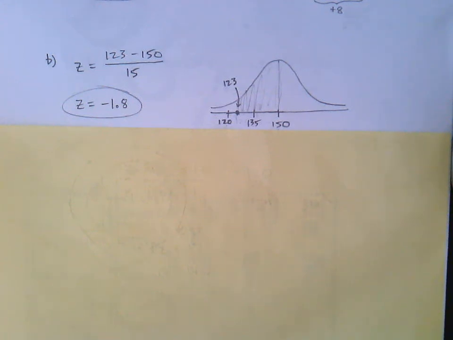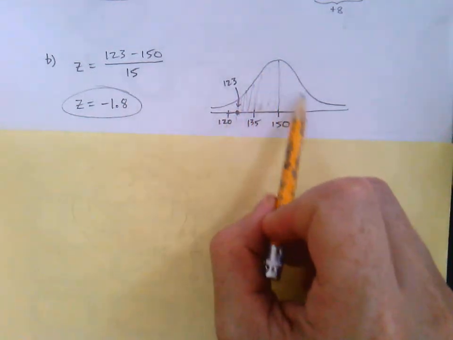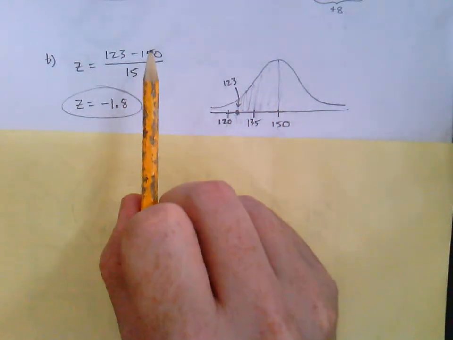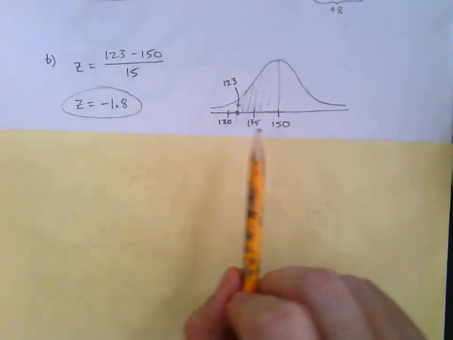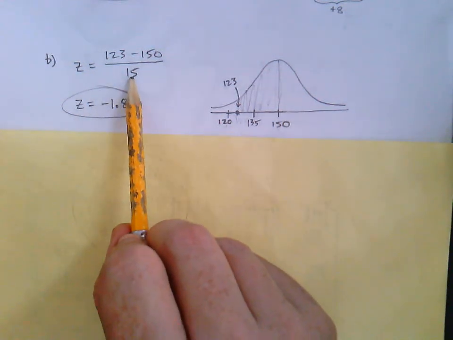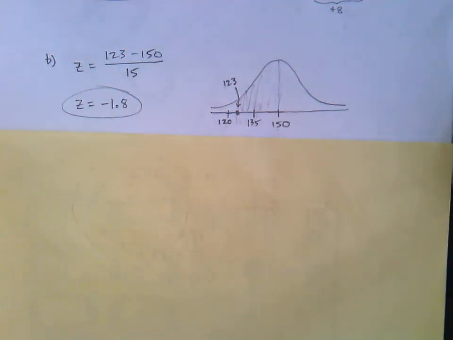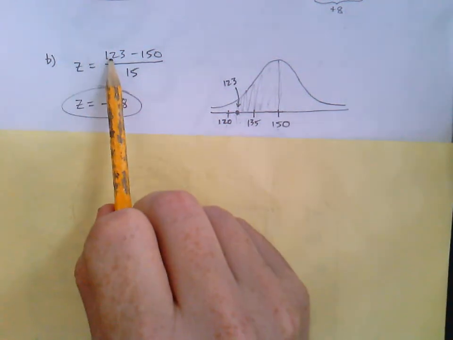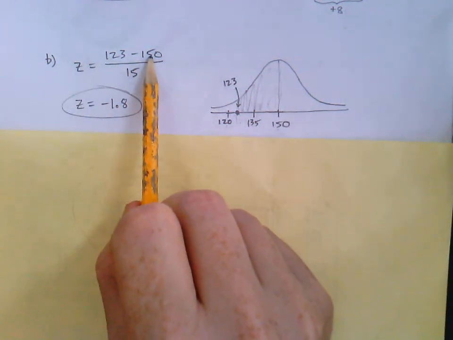Okay, big deal. What does that even mean? All right, I mean, I can calculate it, but it'd be nice if I knew what that even represented. Okay, so I've drawn a quick bell curve here with this line underneath. They told us the mean was 150, so that's right there at the center. They told us the standard deviation was 15. Okay, and also notice 123 is less than 150.